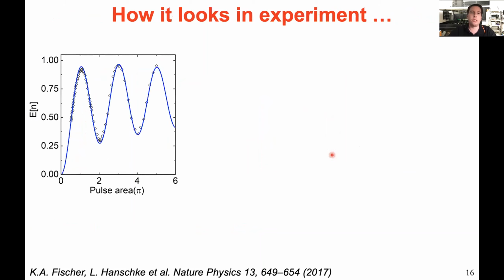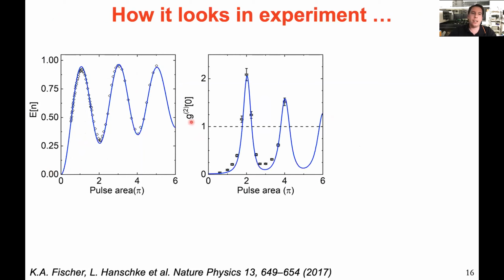Of course, we can also do that in experiment. So here you can see the Rabi oscillation of an exciton in a quantum dot. And now we measure G2(0) as a function of the pulse area, and we observe this bunching for even multiples of pi that we predicted in simulations. What's very interesting here is that these two graphs were not fitted independently.